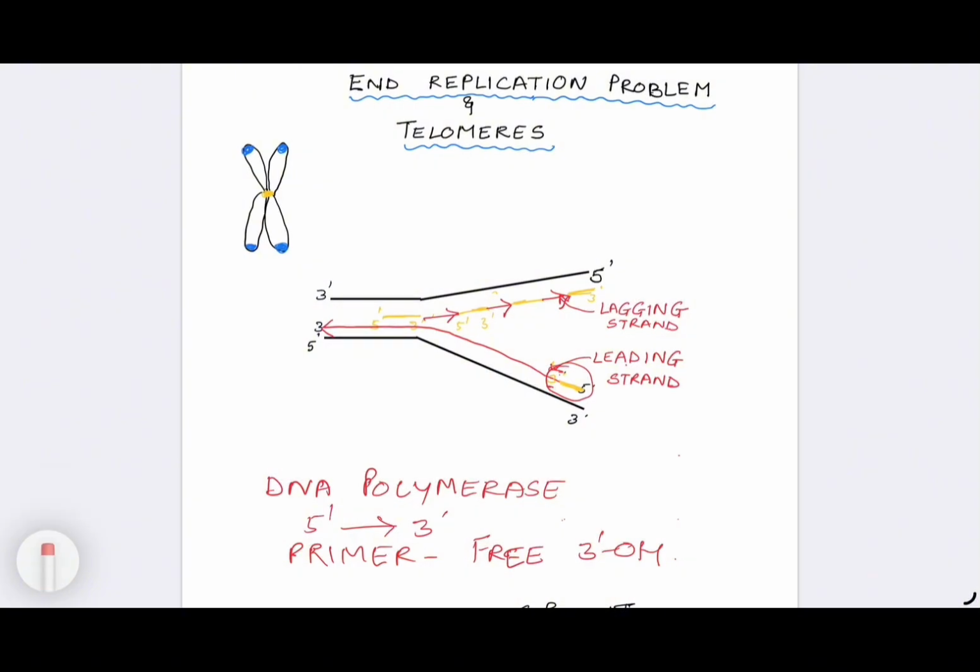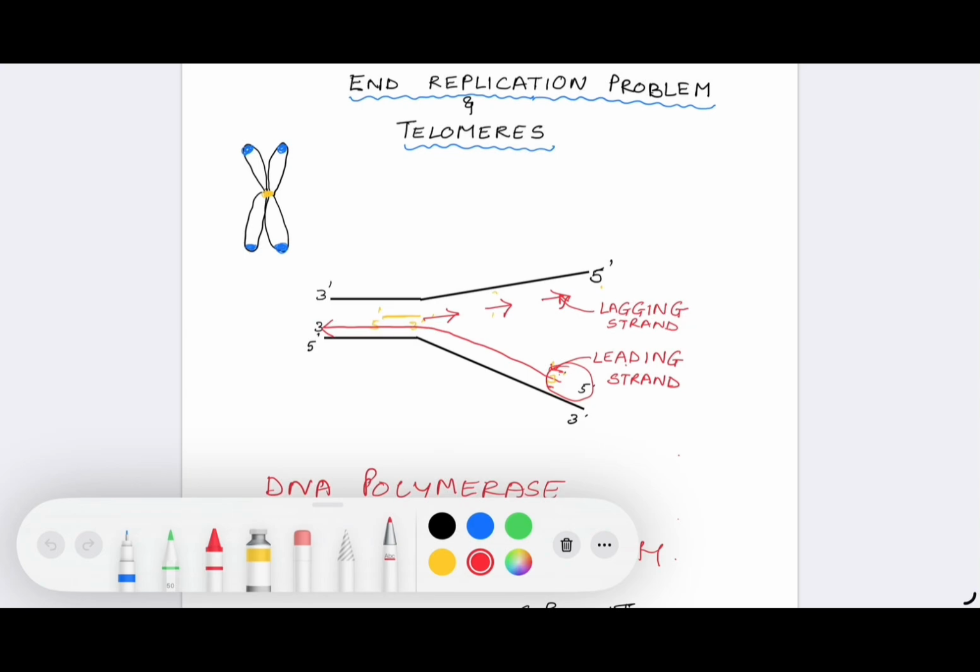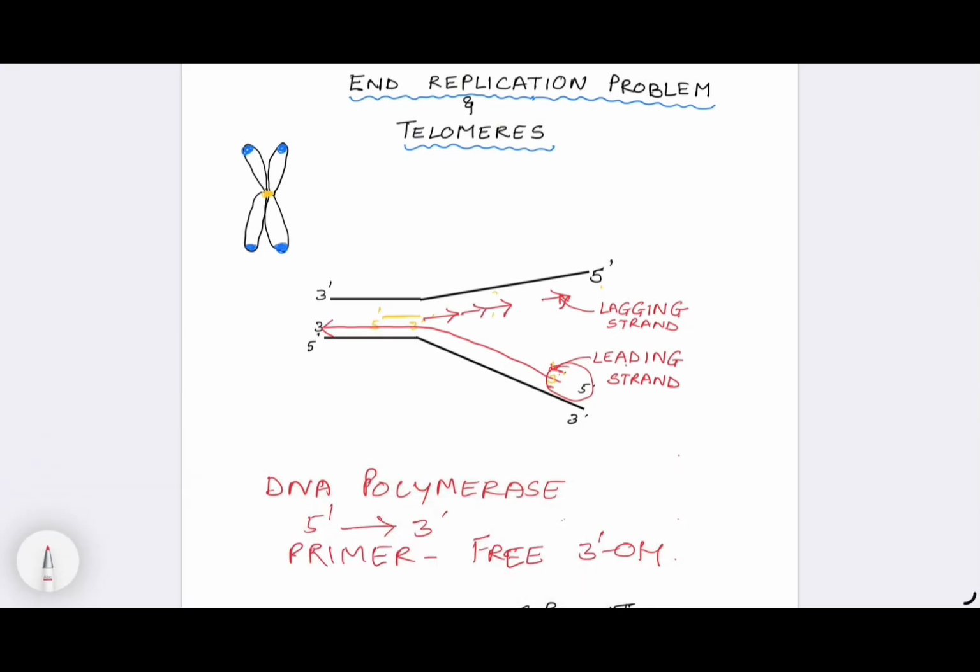So now the primers are removed from wherever they are present. This end replication problem is mainly in the lagging strand, so we'll focus on this. So what happens here now is that these have to be replaced. Wherever these primers were present, there is a free 3' OH group, so there is no problem for DNA polymerase to form the entire strand.